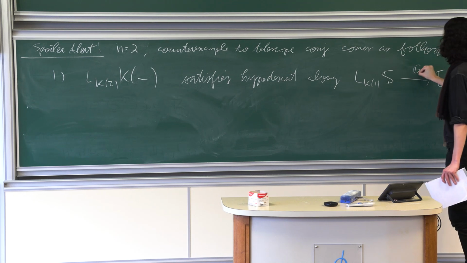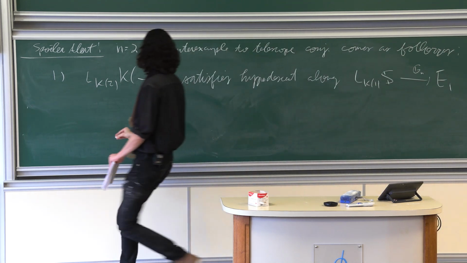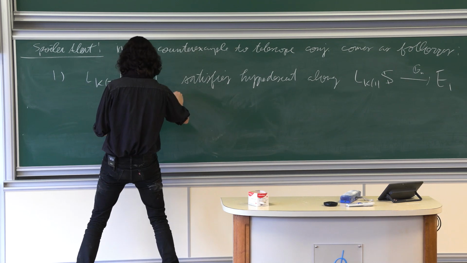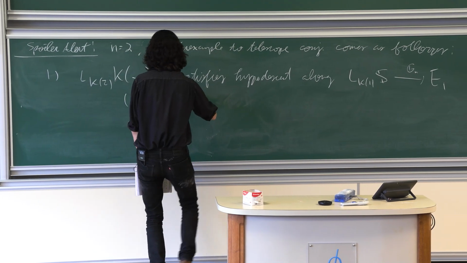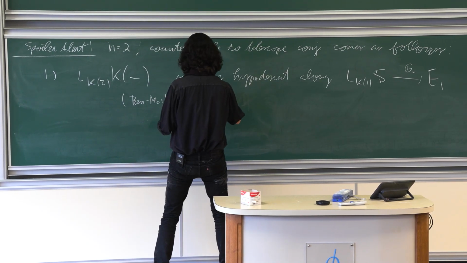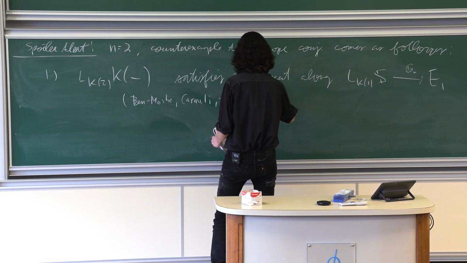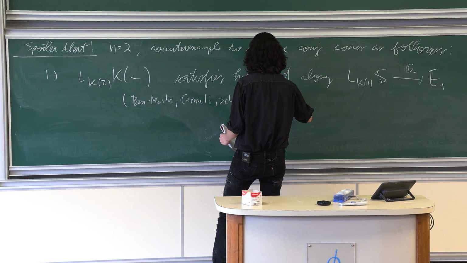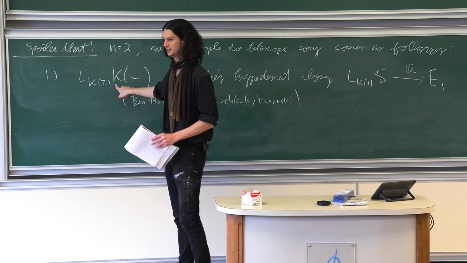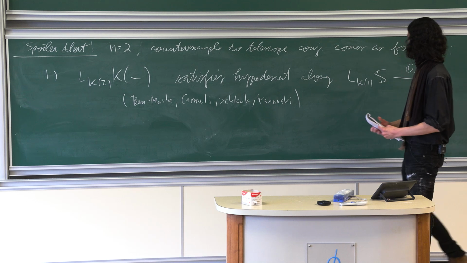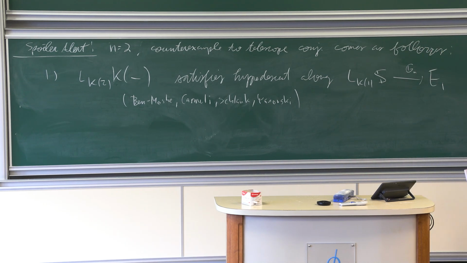And that is a theorem of Ben-Moshe, Carmeli, Schlank, Yanovski. What is K? Algebraic K theory. Algebraic K theory, but how do you evaluate it on a ring spectrum? I'll tell you in a sec.